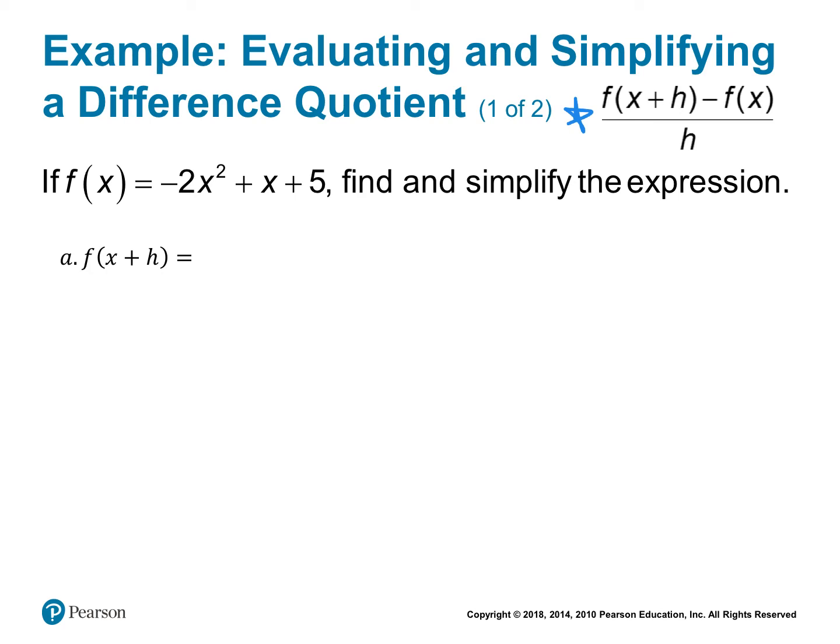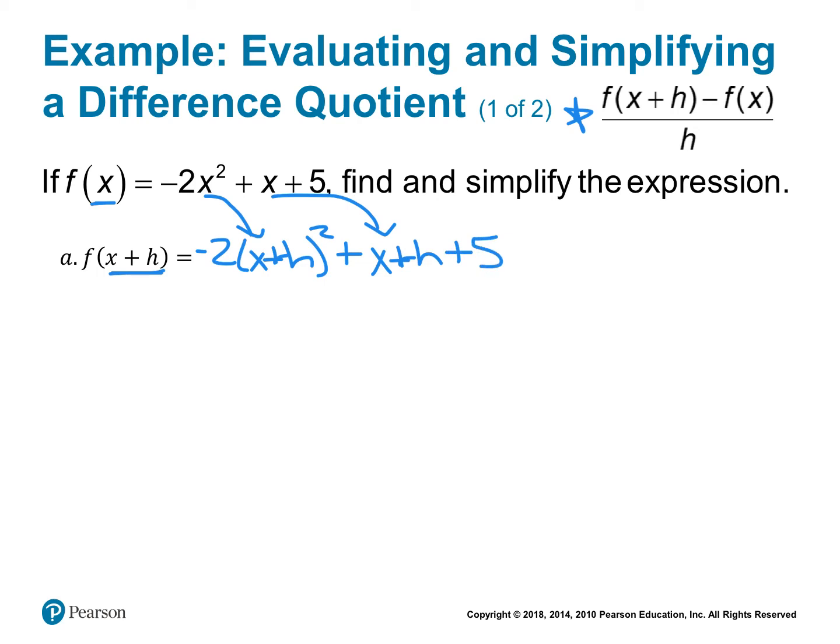So f of x plus h, that means we're going to replace all the x's with x plus h. So I have negative 2 times x plus h squared plus x plus h plus 5.